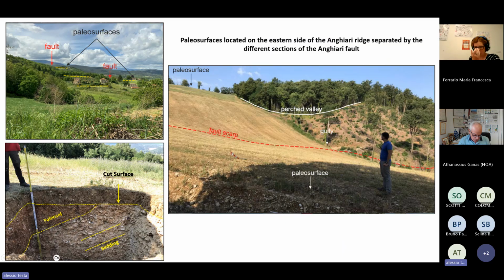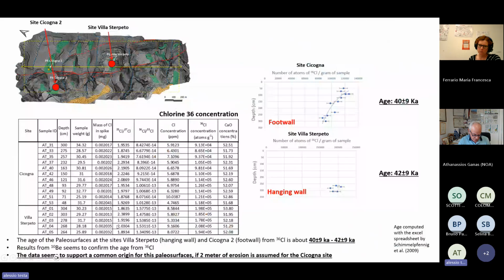Pebbles of limestone and sandstone, in order to analyze both chlorine 36 and beryllium 10 along a depth profile. So what we obtained was the concentration with depth, which allowed us to rebuild the curve of exposure to cosmogenic rays. So the answer is pebbles of limestone and sandstone.